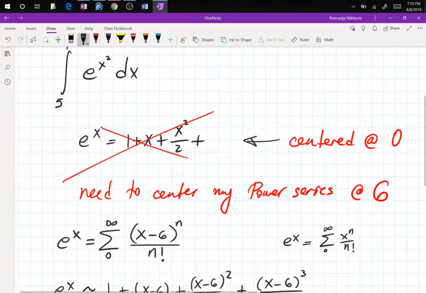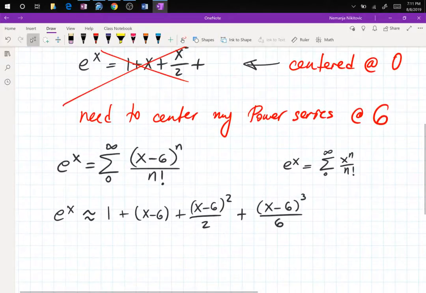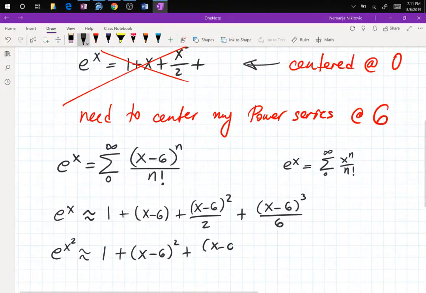Now, people don't care about your x. They want x squared. So each one of these x's needs to become x squared. And now e to the x squared becomes 1 plus x squared minus 6 to the 2nd, plus x squared minus 6 to the 4th over 2, plus x squared minus 6 to the 6th over 6.